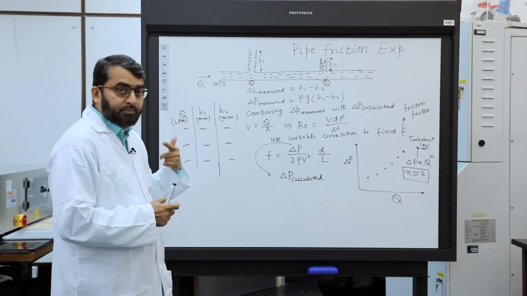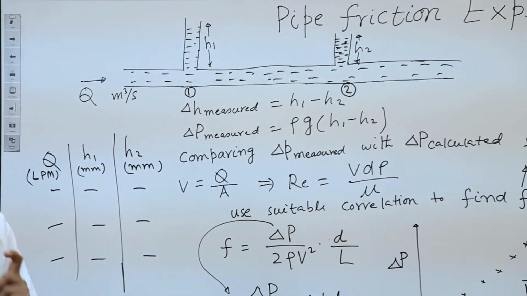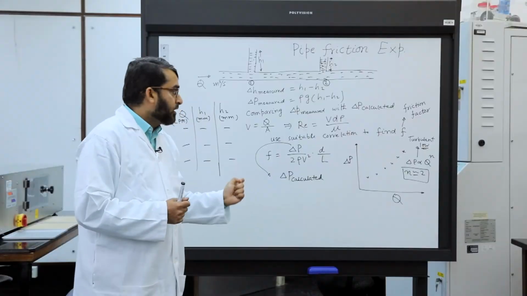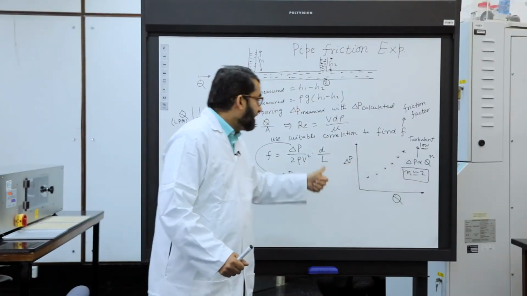Depending on the value of the Reynolds number, you will search for a suitable correlation which relates the friction factor F with the Reynolds number.